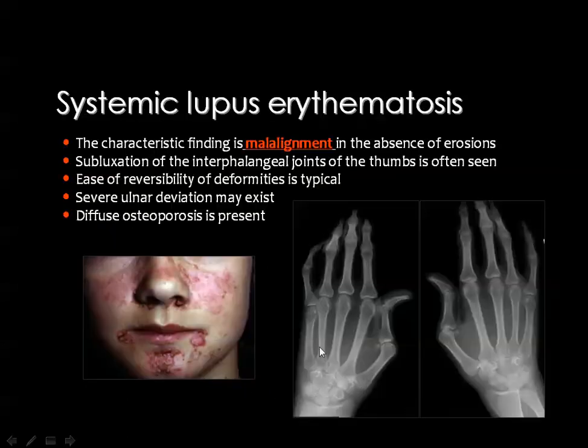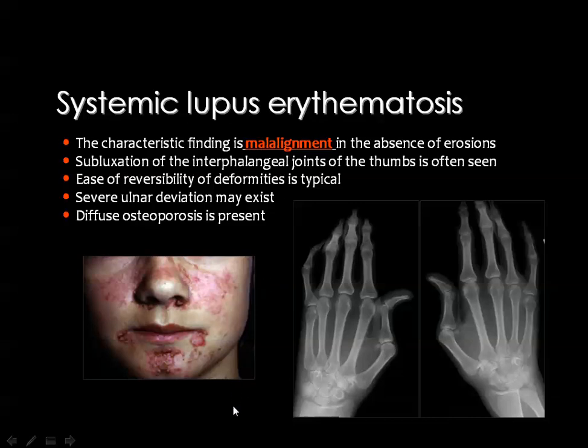You know that systemic lupus erythematosus is a systemic disease which can affect the skin, the musculoskeletal system, the lungs, the vessels, and it has so many manifestations all over the body.